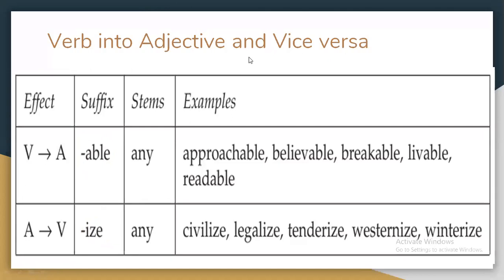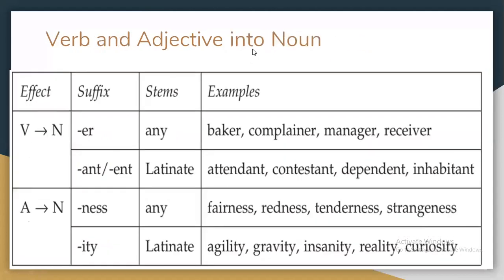In derivational morphology, we derive words in two ways. One is maintaining the class, I mean not changing word class or parts of speech. The next one is changing parts of speech or word class. So you can see verb into adjective and into noun. These are examples given in our book.